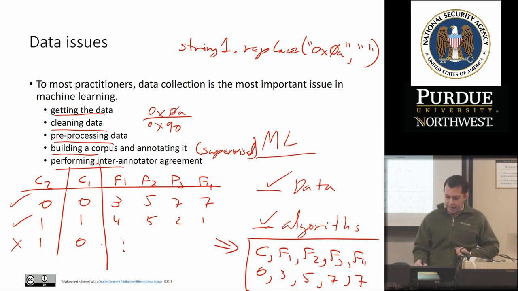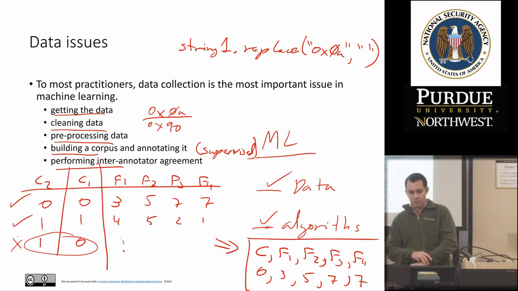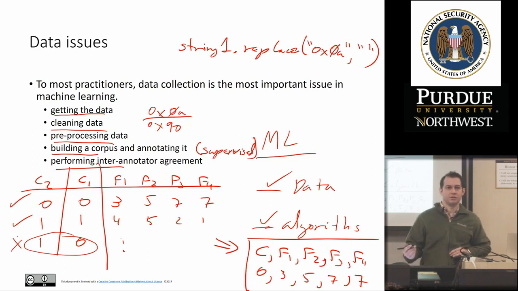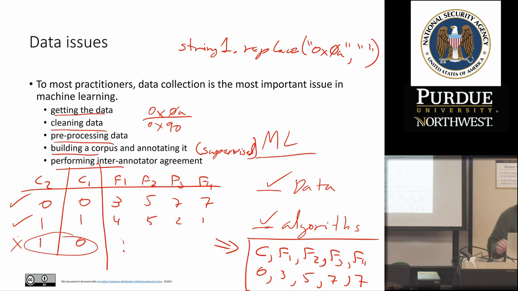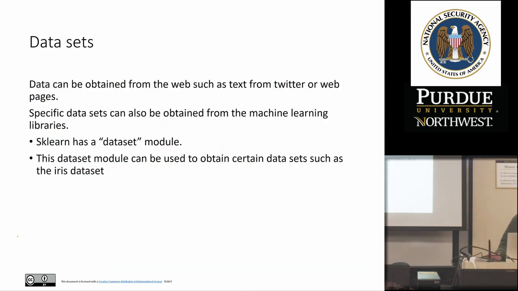But if there's a lot of disagreement, it means that even two humans can't tell the difference. So how do you expect a computer algorithm to do well on this task, right? And so that's what inter-annotator agreement is, and most data sets have this. Okay? All right, so good.